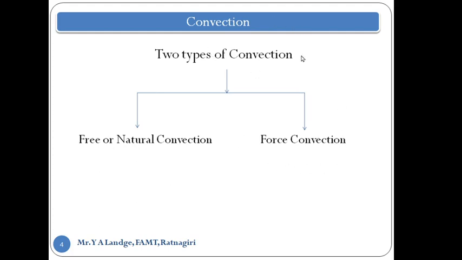So when we talk about convection, as we know, the heat transfer by convection takes place in the fluid. The fluid is gas or liquid. The heat transfer by convection is mostly in the fluid, not in the solid.